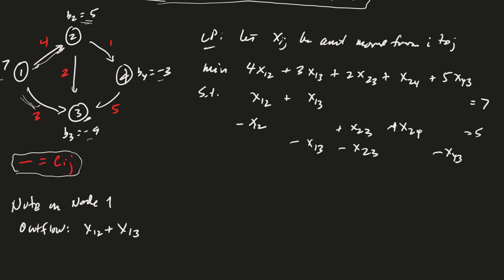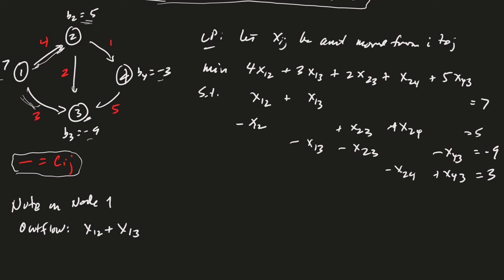And then that's going to be equal to minus 9. Good. And then finally, node 4. One incoming, one outgoing. The incoming is x24, and the outgoing is x43. So that should be equal to minus 3.